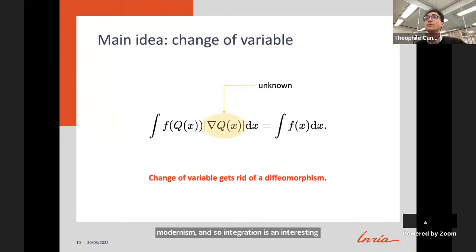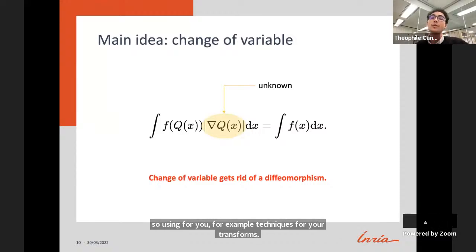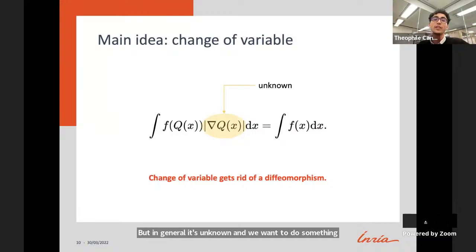However, in general, we don't know the transformation that is taking place. We could maybe try to regress it if we know that we're looking only at translations and rotations, or rigid body transformations. There are some techniques to do so using Fourier transforms. But in general, it's unknown, and we want to do something very general that's going to work for a very large class of diffeomorphisms. So in this case, let's be naive.